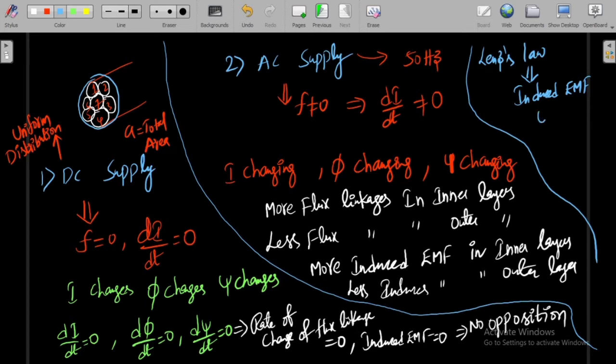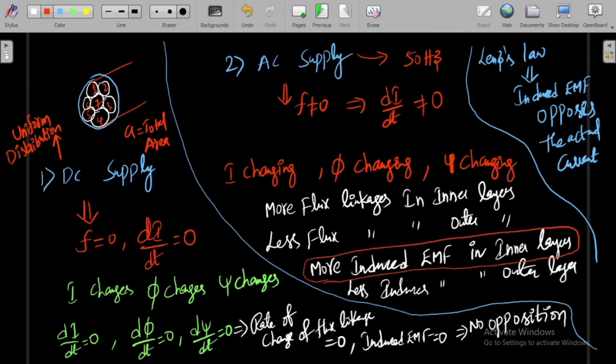So this induced EMF opposes the actual current. This is according to Lenz law. So where we have more opposition, where you have more induced EMF, is in the inner layer.